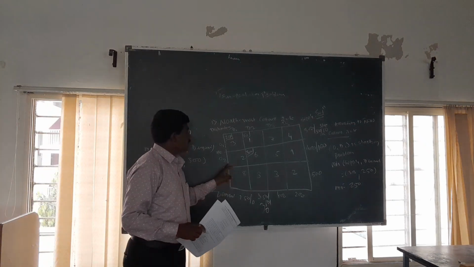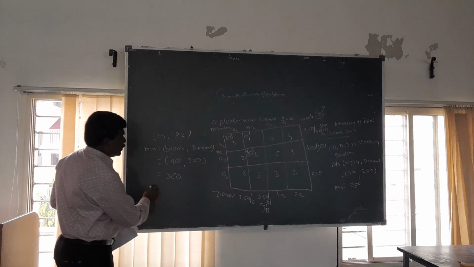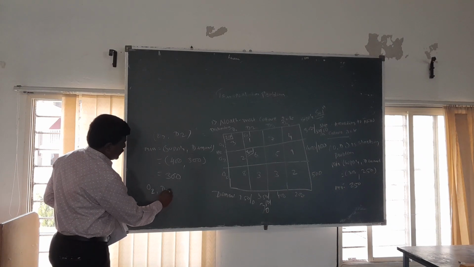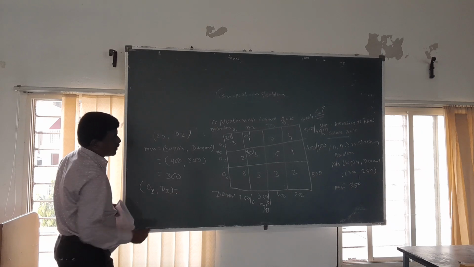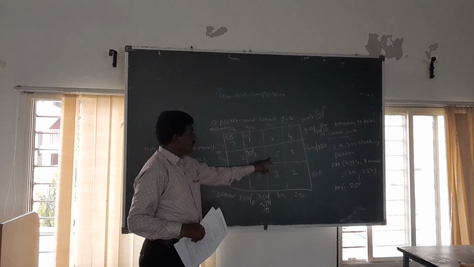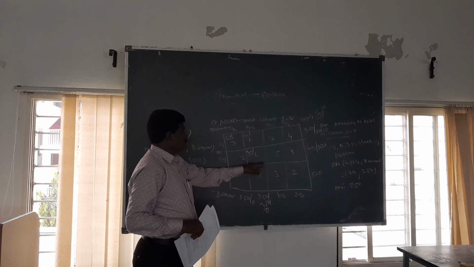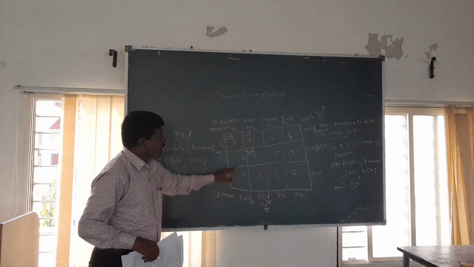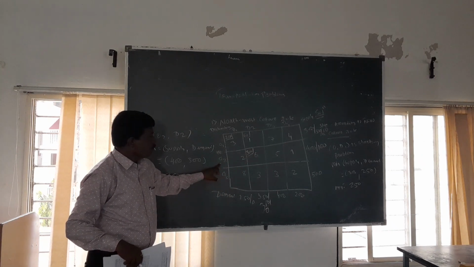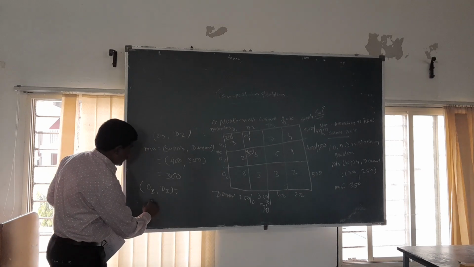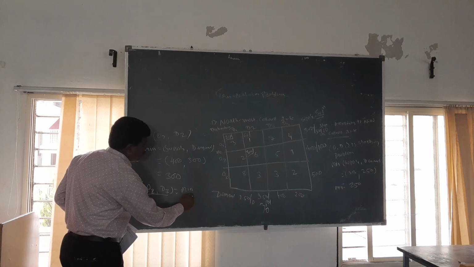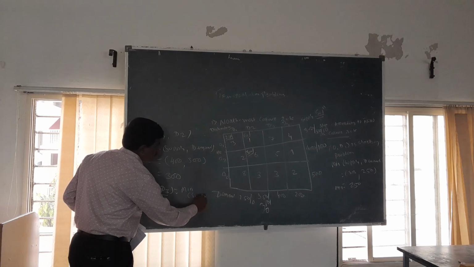Then we select the next corner, O2 D3, and make the allocation in the cell O2 D3. We allocate the minimum value of supply and demand.